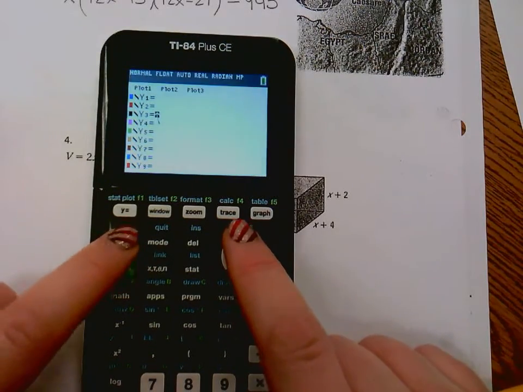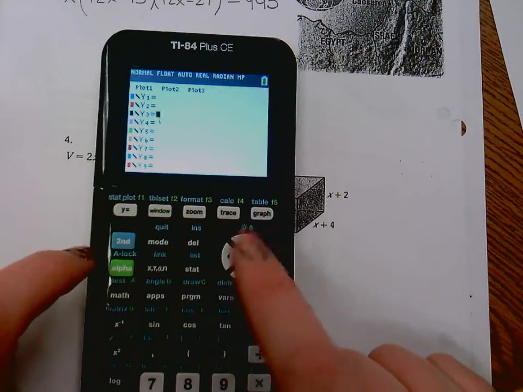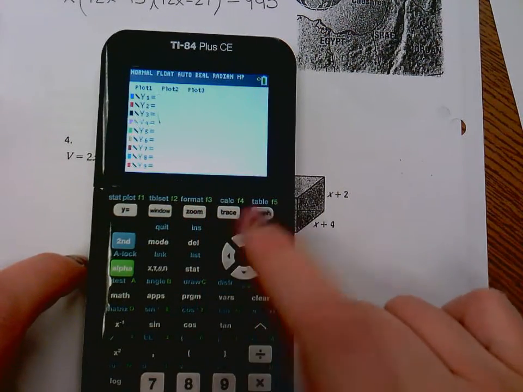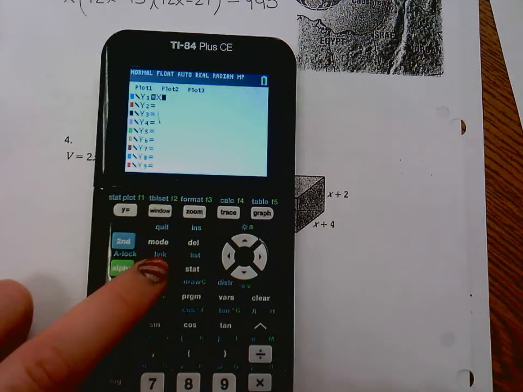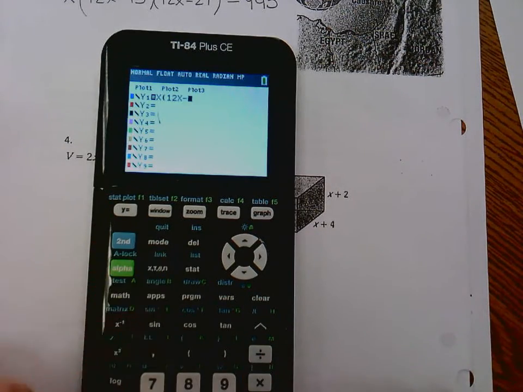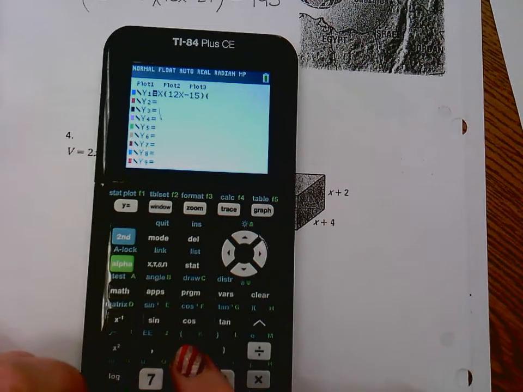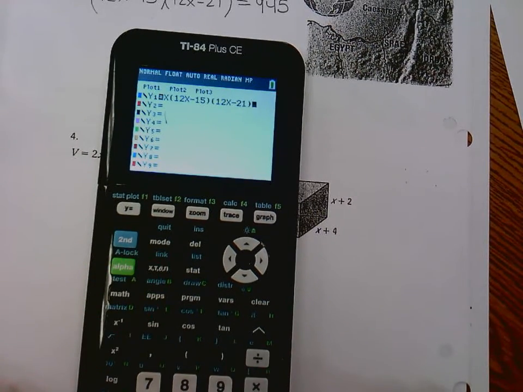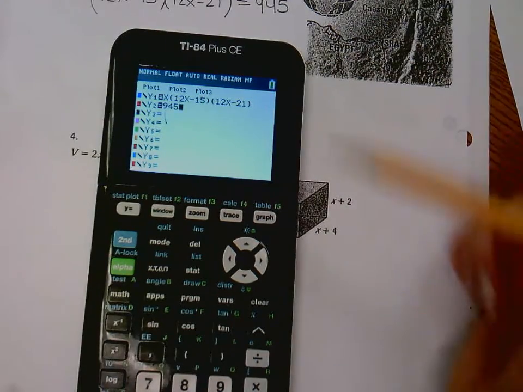Okay, in your y equals menu, make sure these plot 1s and 2s are not on. So in y1, I'm going to do x times 12x minus 15 times 12x minus 21. And in y2, I'm going to do a horizontal line at 945.